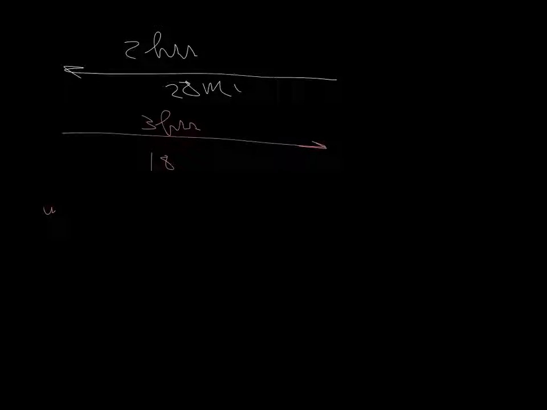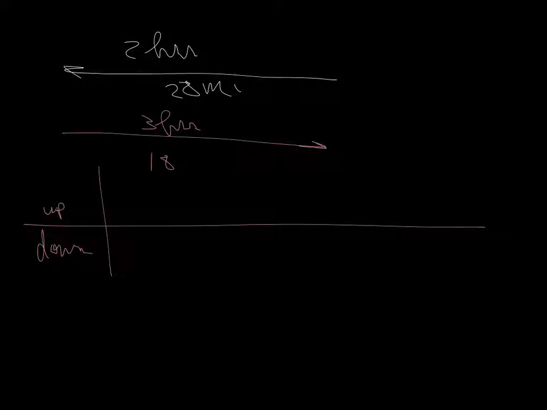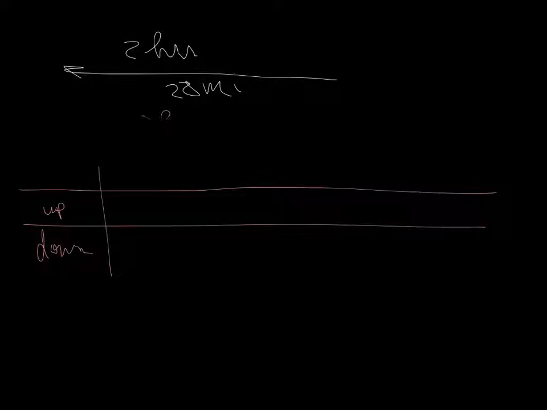So let's make a little table. Let's make an up and a down. Alright, so our distance upstream is, what did we say? Our distance upstream is 18 miles.